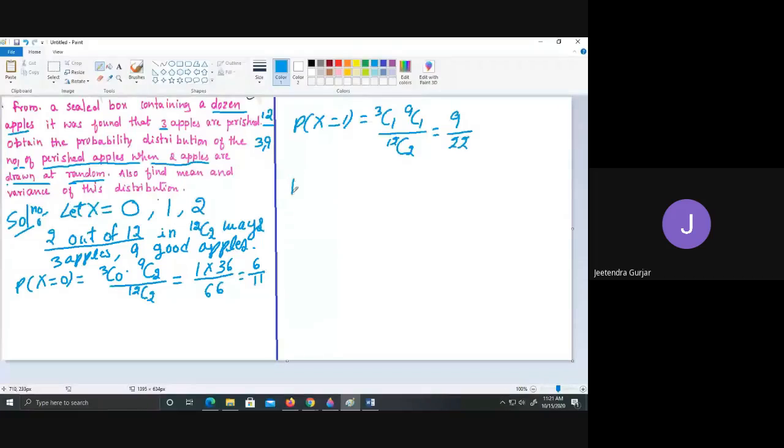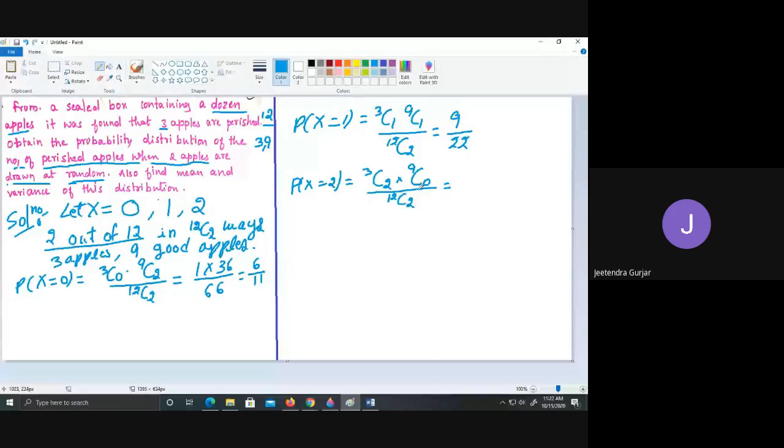So please respond. Next I am going to take x is equal to 2. Means I have to select 2 perished apples from 3. So the combination I am going to get is 3C2 into 9C0. It is 0 because at this time I am going to take only 2, therefore this is 0, and total number of apples will remain 12C2 ways, students.